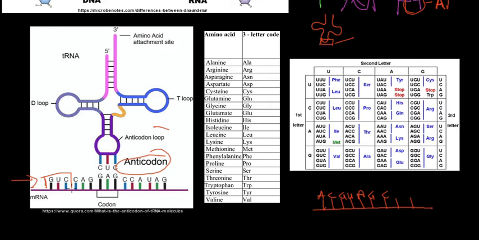We read them in threes. And these groups of 3 nitrogenous bases are known as a codon on the mRNA. So on the tRNA, when we read the nitrogenous bases on it, it is known as an anticodon, and they also occur in groups of 3.